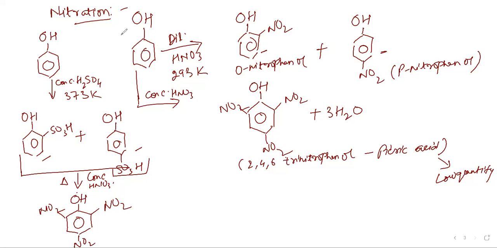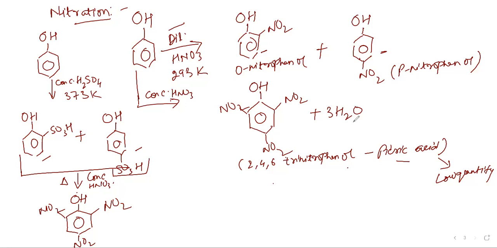The simple thing is, phenol, even with dilute nitric acid, gives you ortho and para product. If you heat it with concentrated nitric acid, this is your direct nitration. You get 2,4,6-trinitrophenol, which is your picric acid, but we get picric acid in low quantity by doing direct nitration.